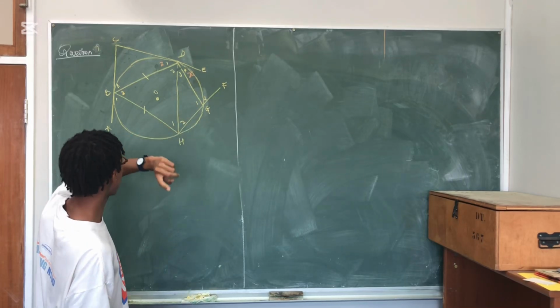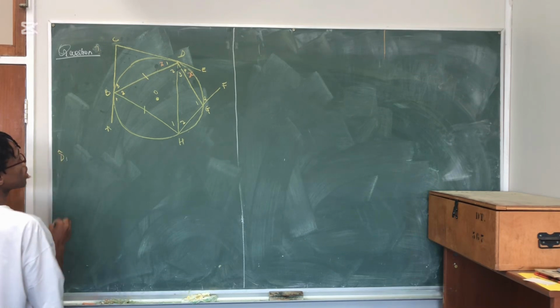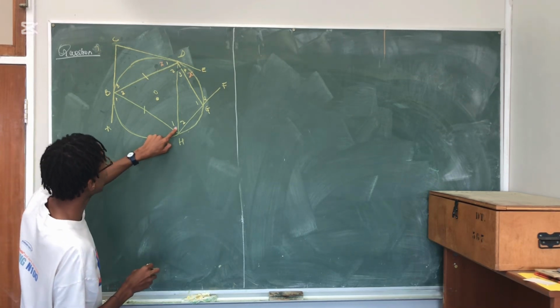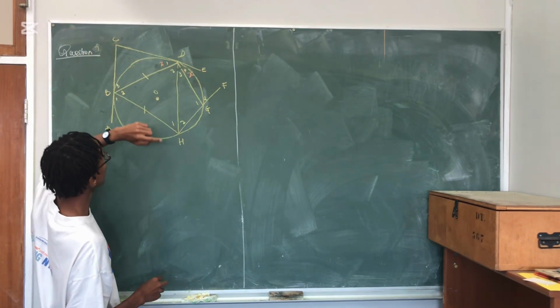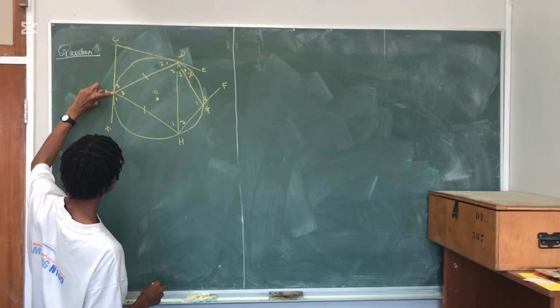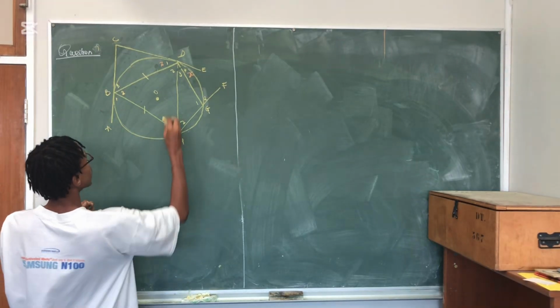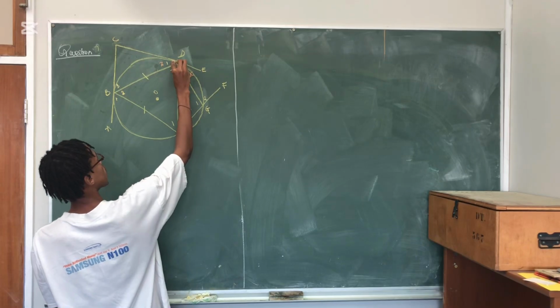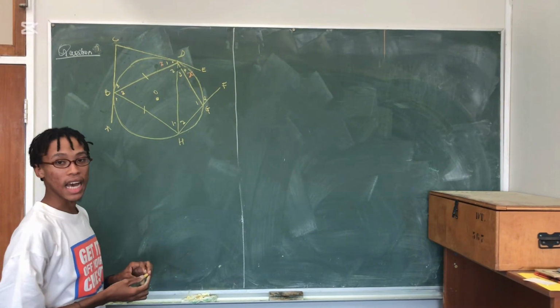Another angle that is equal to D1 is H1. Remember, CE is a tangent, and DBH is a triangle. So when we look at this angle, it is equal to this angle because of the tan chord theorem.